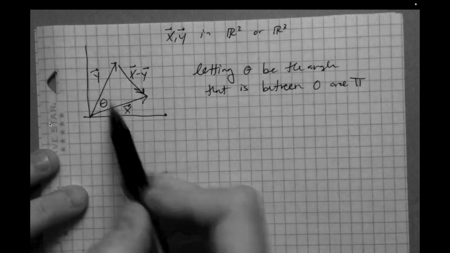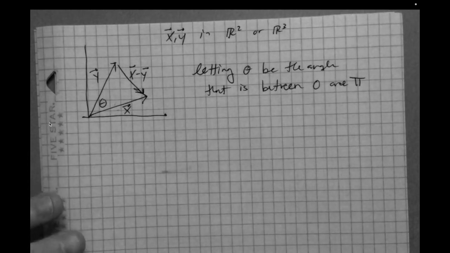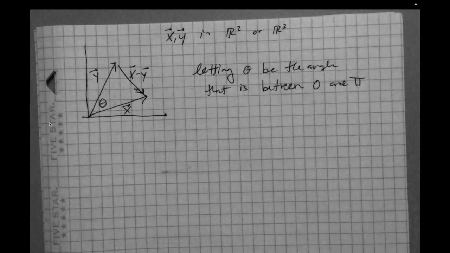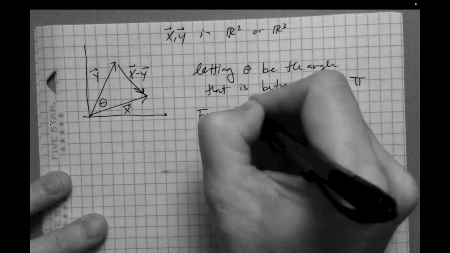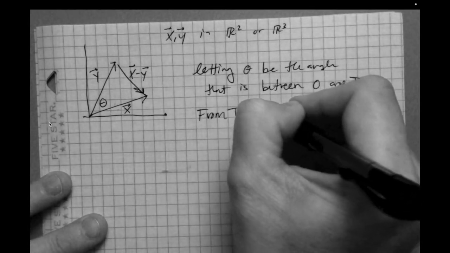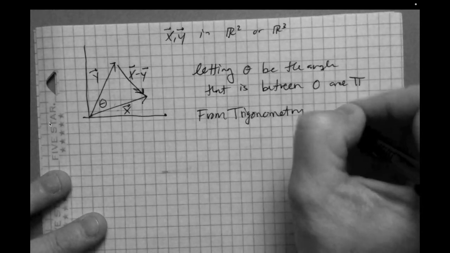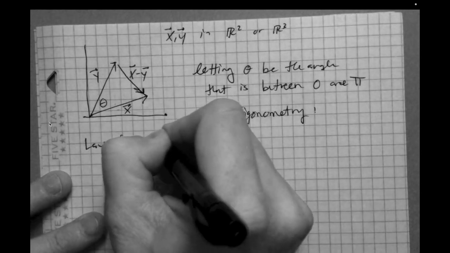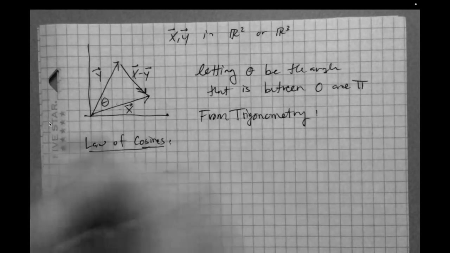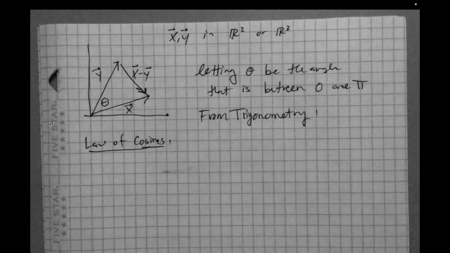Given that, and given this triangle, if you can recall back to your trigonometry days, there was something called the law of cosines. It's all about the relationship between the angles of a triangle and the lengths of the sides of the triangle.